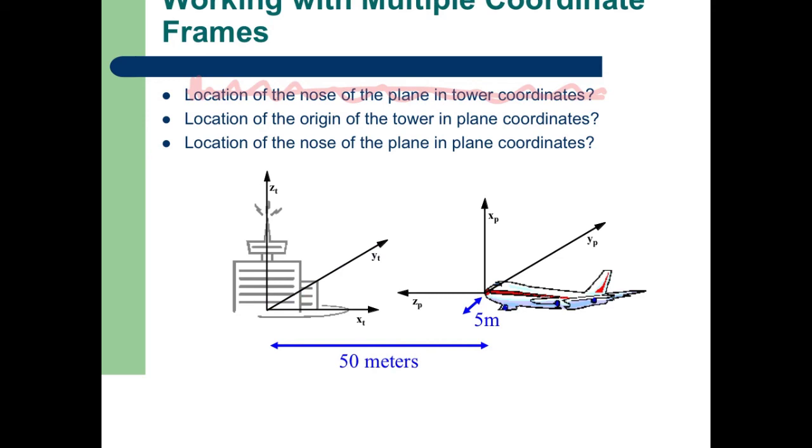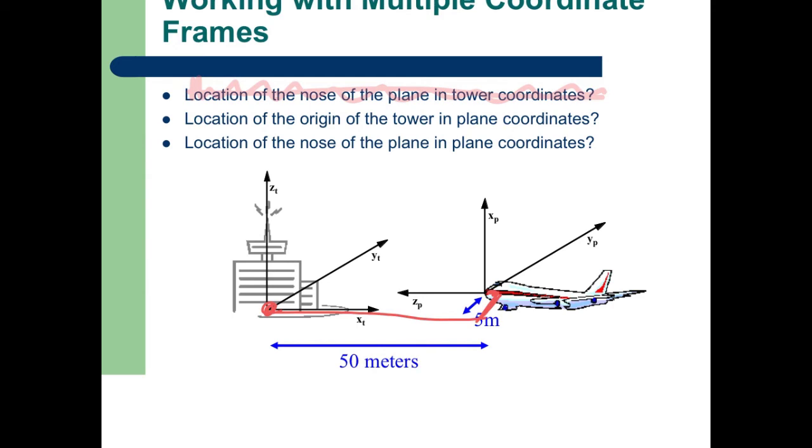So if we want to know where the nose of the plane is in tower coordinates, we're going to start in tower coordinates. So there's our origin. And we need to go 50 meters along x. And then we need to go 5 meters along y. Pretend that's at the nose. And it looks like our z-axes are at the same level.